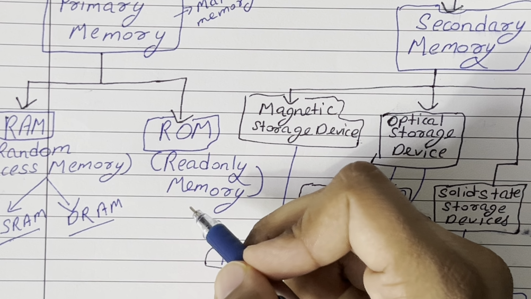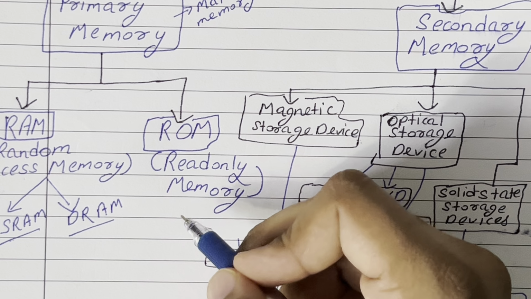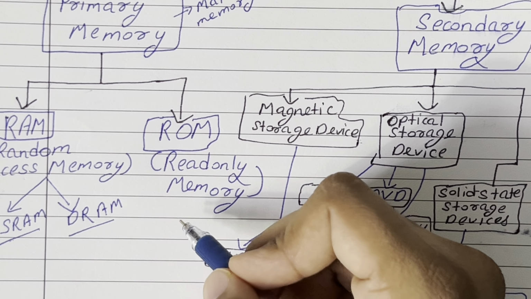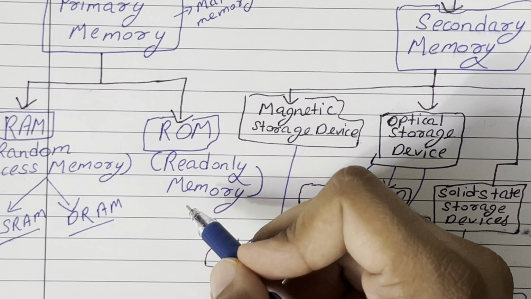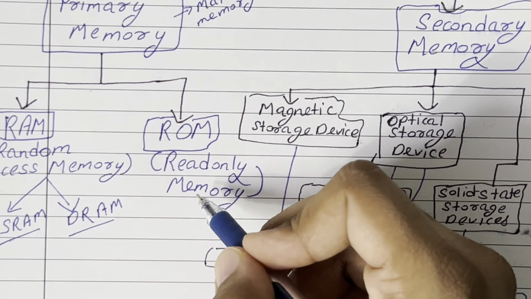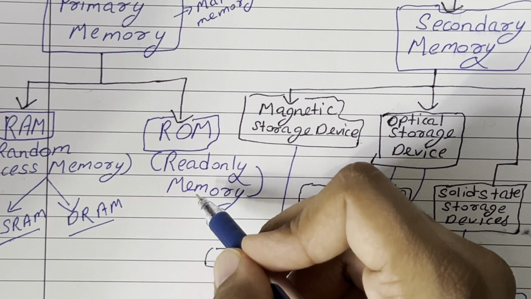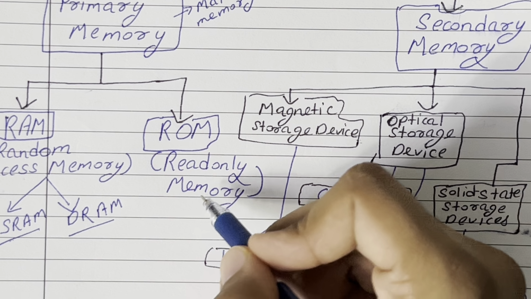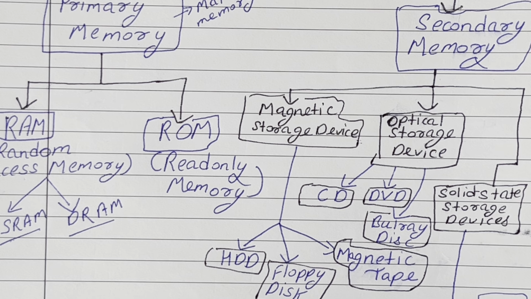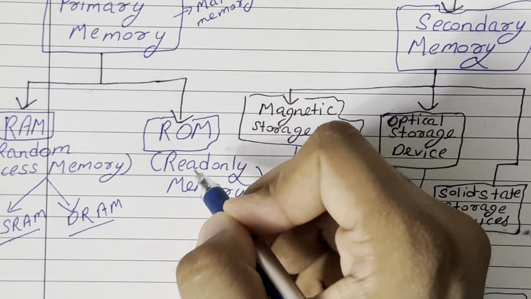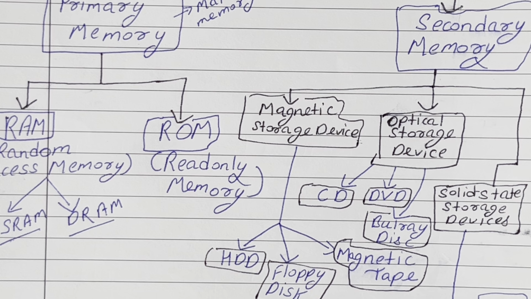Unlike RAM, which temporarily stores data and loses its content when the power supply is turned off, ROM is a non-volatile memory, meaning it retains its stored information even when the computer is switched off or disconnected from the power source. ROM primarily contains a special type of software known as firmware.